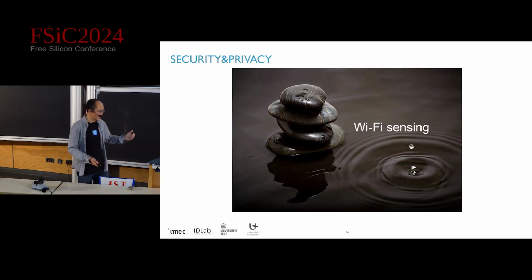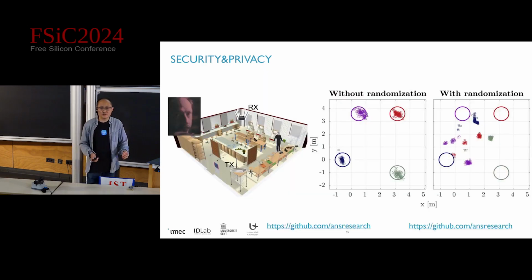So previously it was about security, now let's talk about privacy. You might not know that currently Wi-Fi is used not only for communication but also for sensing, which means by receiving Wi-Fi signals purely passively, you can be located and tracked.